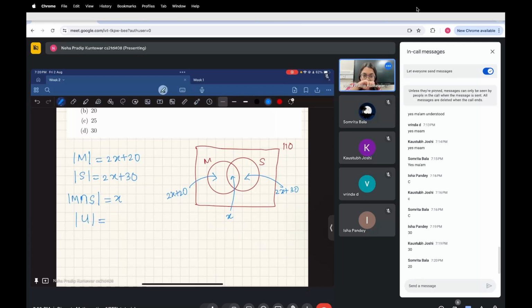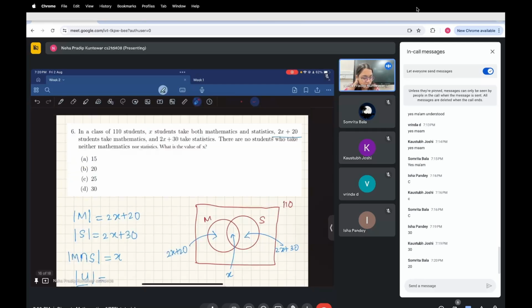Notice that there are 110 students in the class, and this is the set of all the students, so the size of the universe is 110.